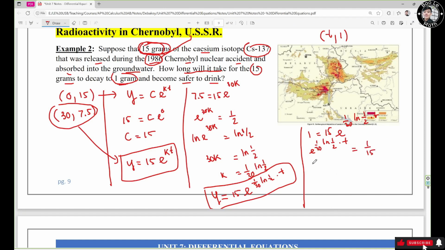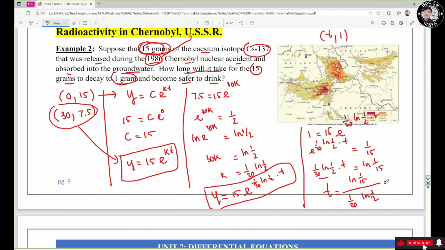Now take the natural log of both sides, so I have 1 over 30 times natural log of 1 half times t equals natural log of 1 over 15. Now I need to divide both sides by this. So it's going to be t equals natural log of 1 over 15 divided by 1 over 30 times natural log of 1 half.